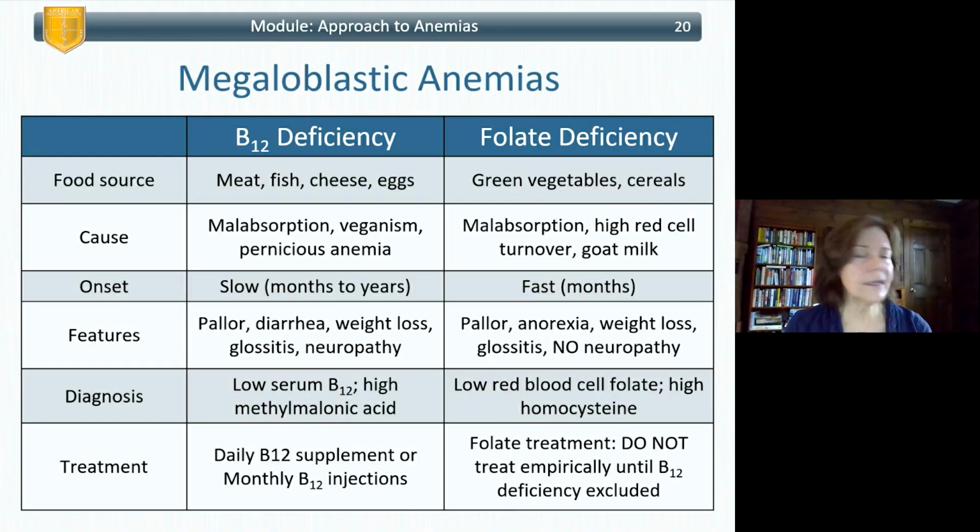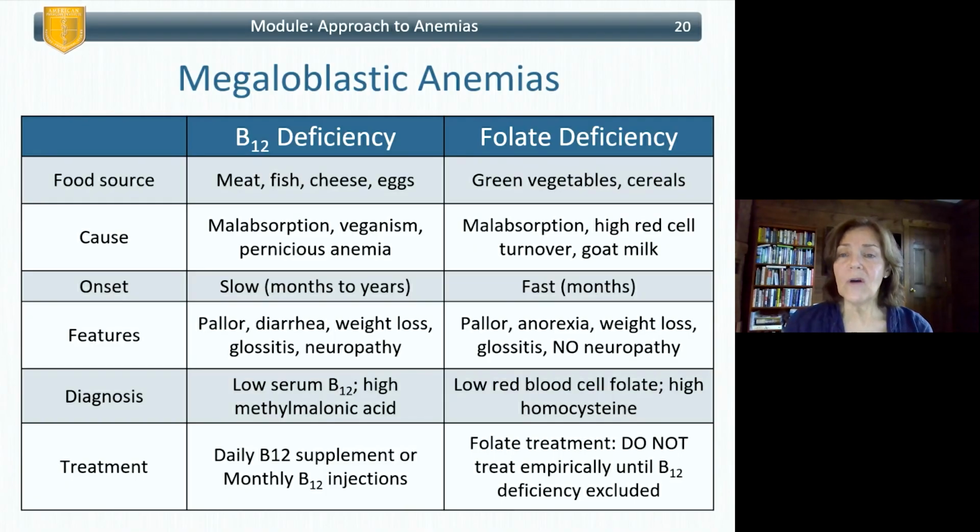Those who are vegan will not eat meats, chicken, fish, or eggs, so they need to supplement with fortified yeasts. And pernicious anemia is a condition where there are antibodies to intrinsic factor produced in the gut, and therefore there's a lack of transport of the B12 to the body.